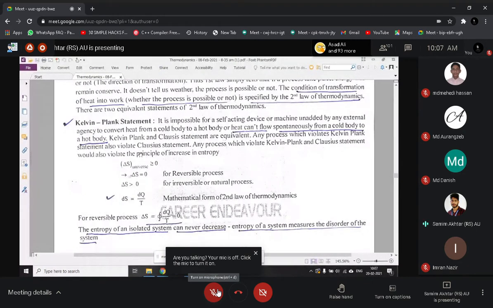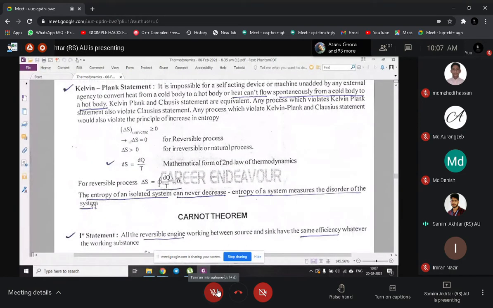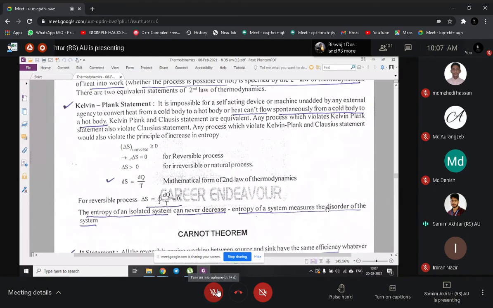Either it is the same or it increases, but it does not decrease. That is greater than or equal to zero. This says that the entropy of an isolated system can never decrease. This is the second law of thermodynamics.